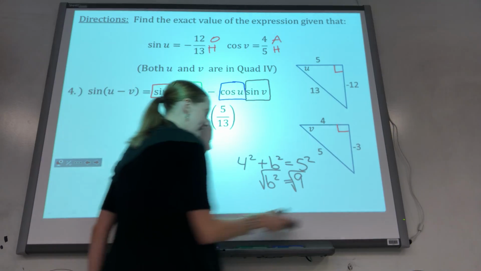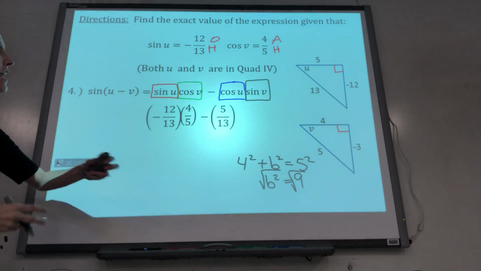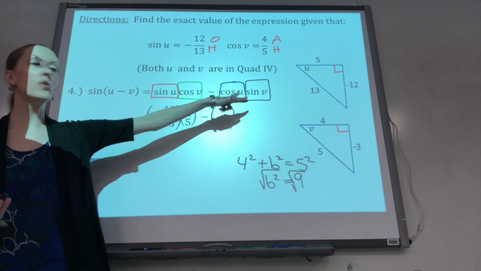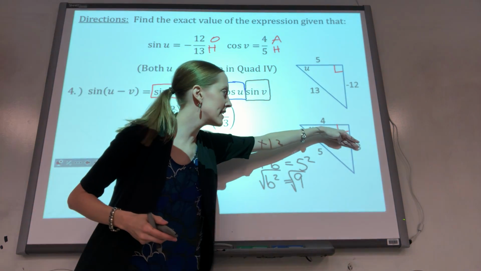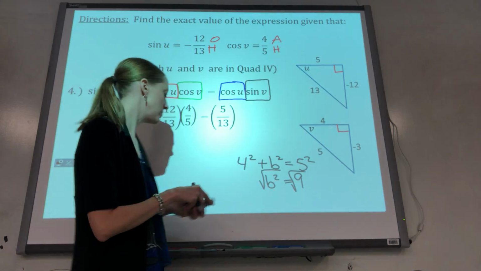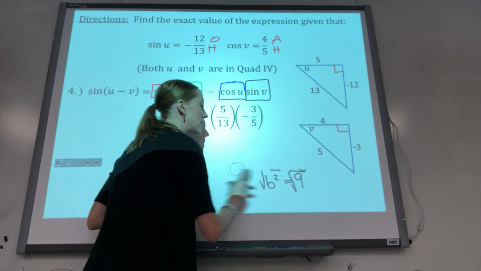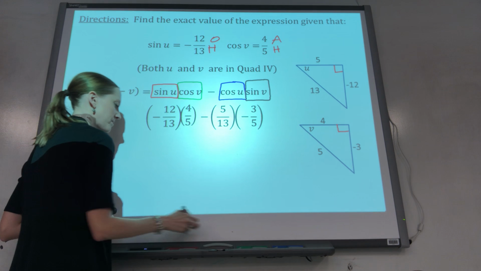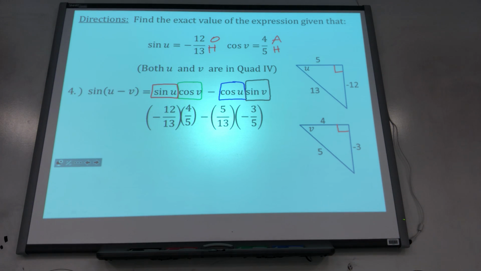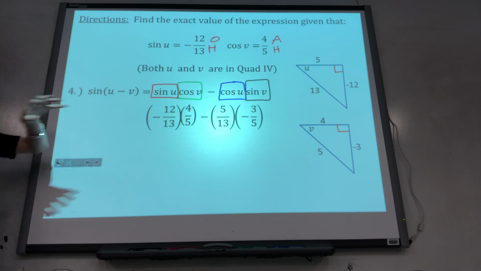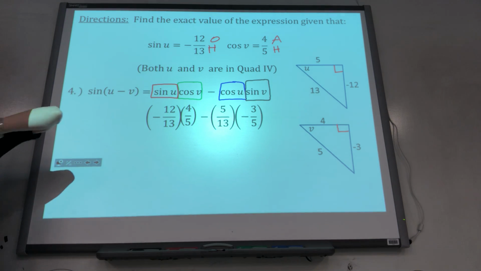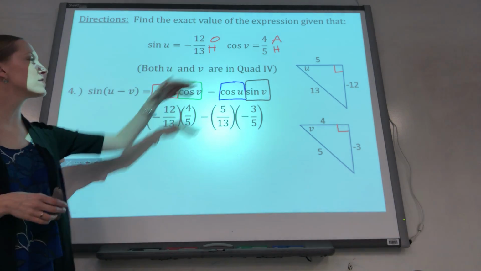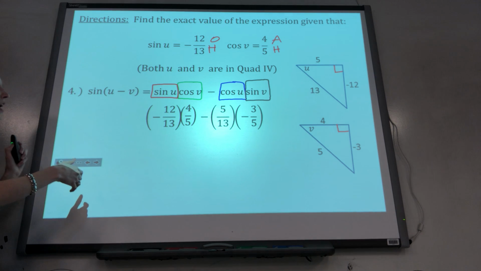We need to put -3 over there. So back to what we're doing, sine of v. That would be opposite over hypotenuse, so -3/5. Okay, I still need to multiply that out and simplify it. Any questions about how we got those last couple values? It's important to draw different triangles for each one.